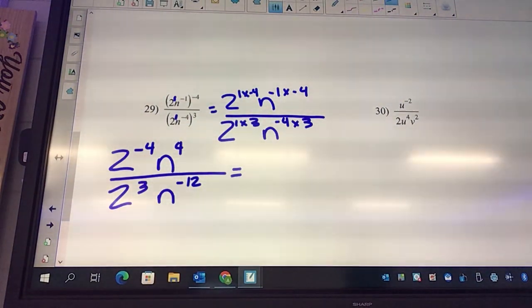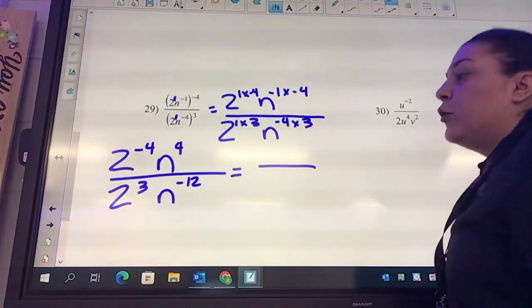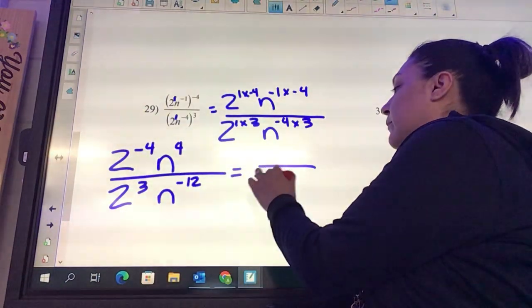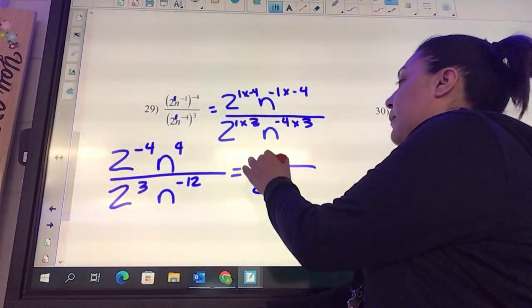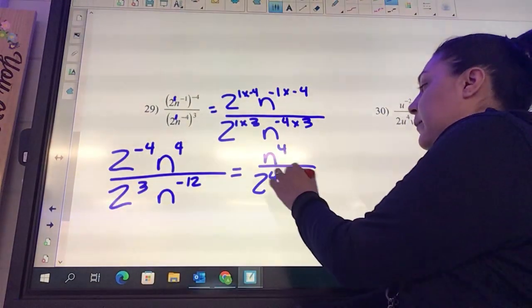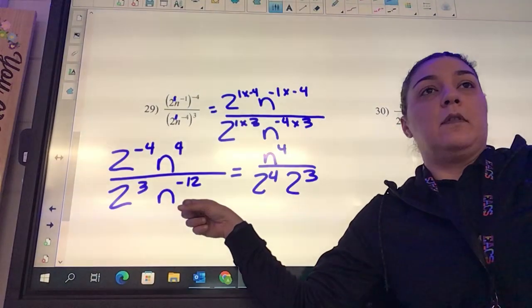Okay, you need to rearrange your stuff before you start doing the division. Okay? So, what needs moved? 2 to the negative 4. Where does it go? Bottom. n to the 4. Top. 2 to the 3. Bottom. n to the negative 12.